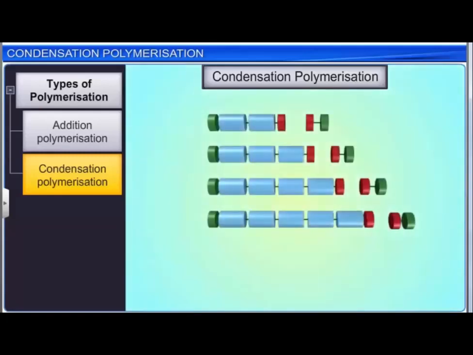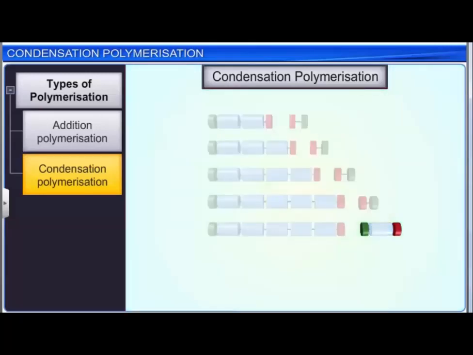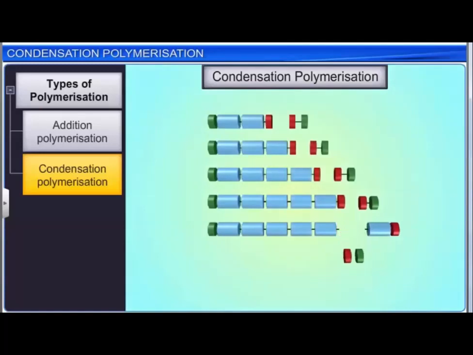The series of reactions in condensation polymerization is attributed to the presence of more than one functional group in the monomer. In other words, the formation of a polymer is possible as the monomer can undergo reaction at more than one functional group.